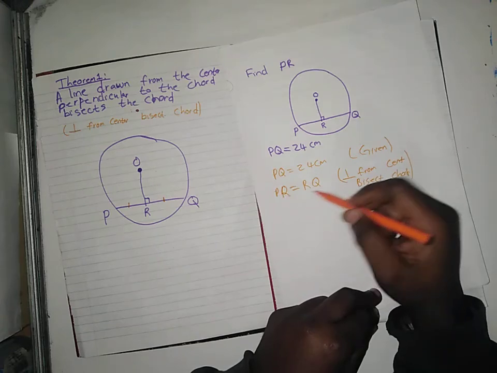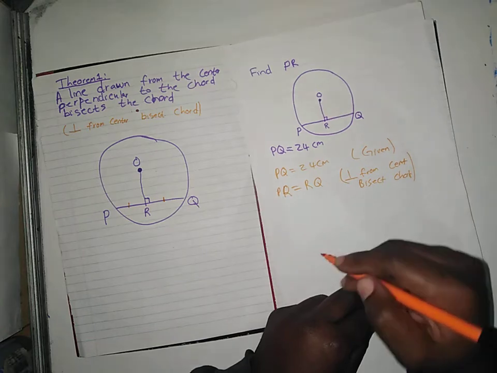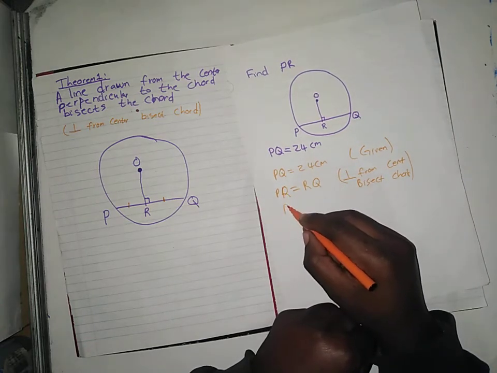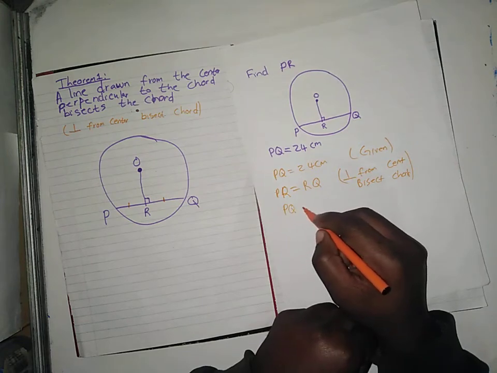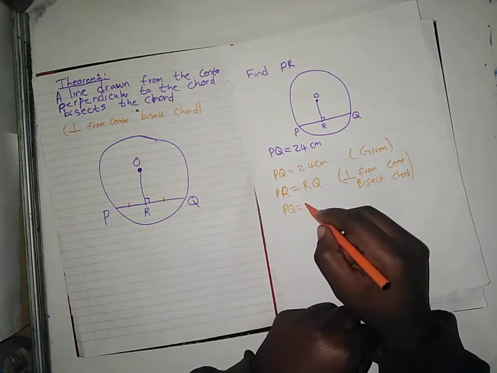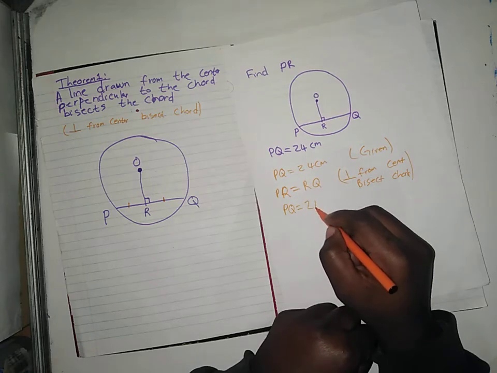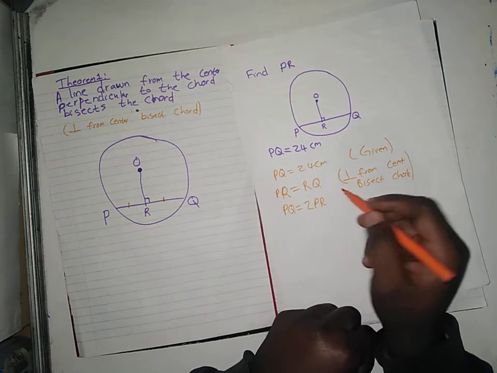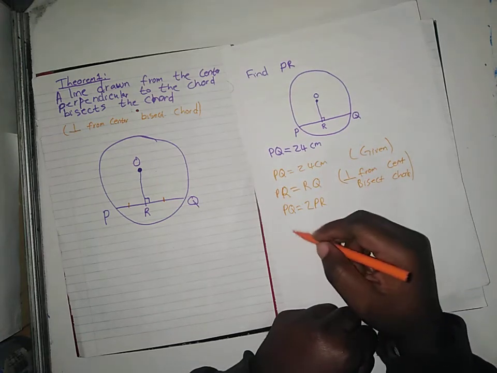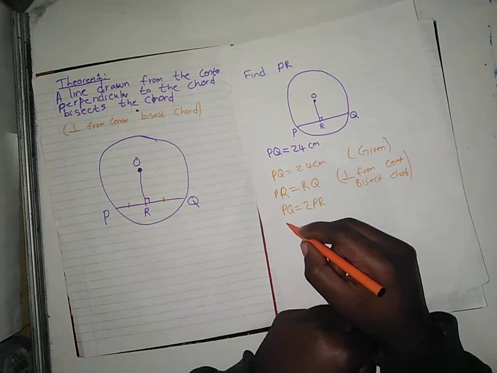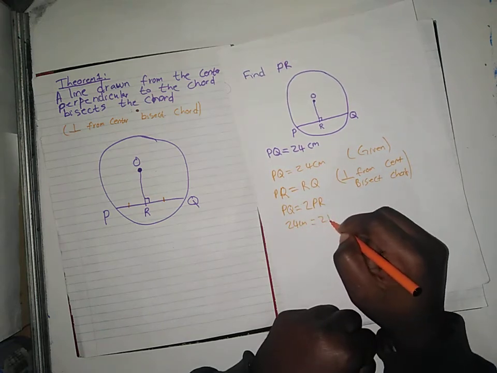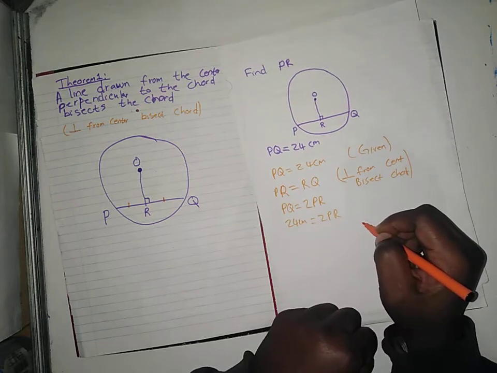Now, since PR is equal to RQ, therefore you can then say PQ is equal to 2PR. Why? Because PR is equal to RQ anyway. Can you see that? Now PQ is 24. So you say 24 centimeters is equal to 2PR.